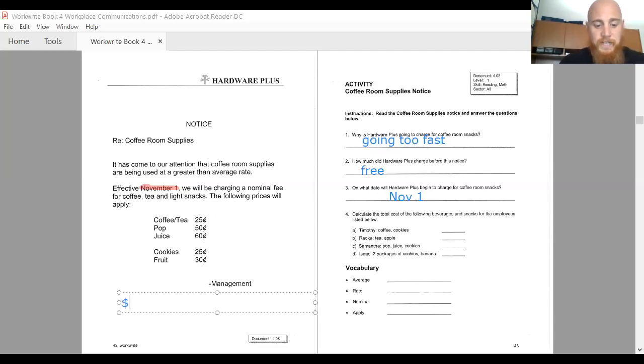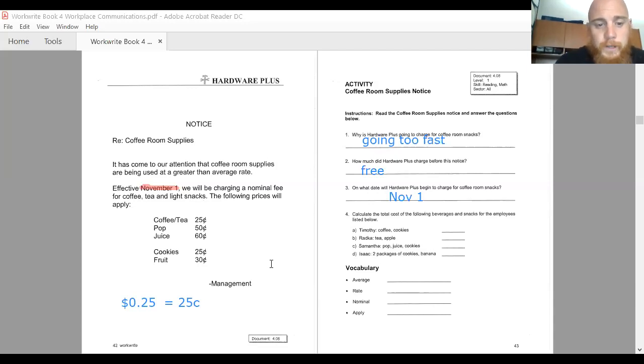So 25 cents would be written like this, or this, but it's better with a 0. So when I'm doing those, I would change them all to the dollar amount, but you don't have to. You can do it either way.